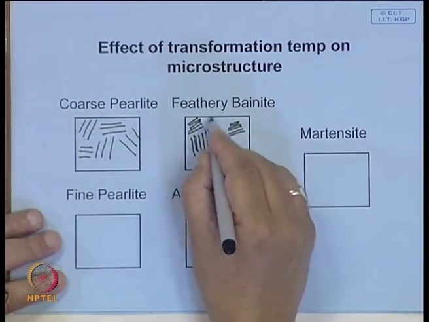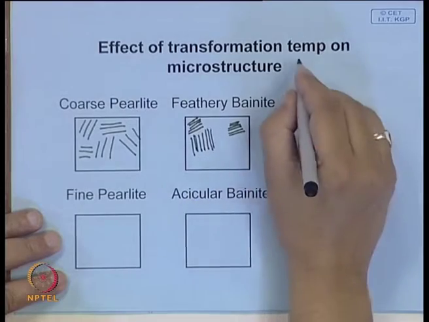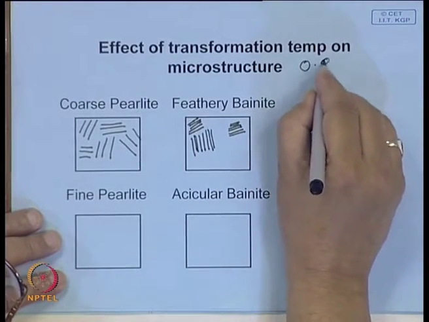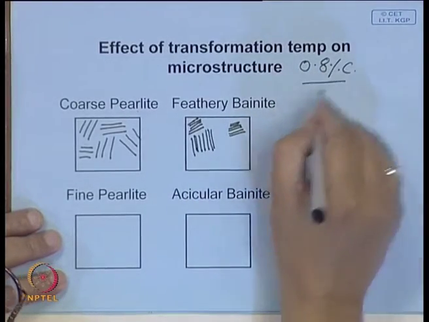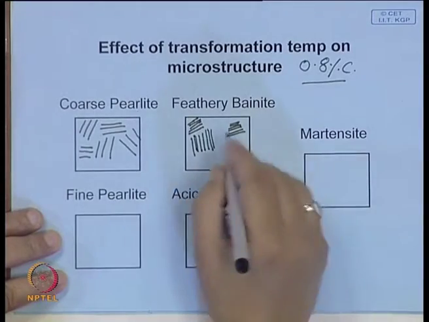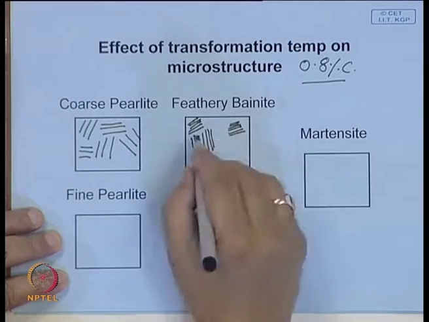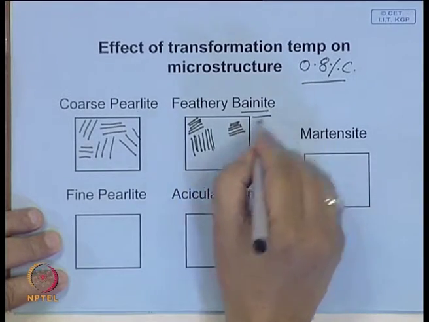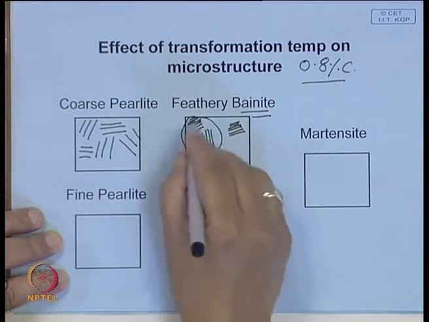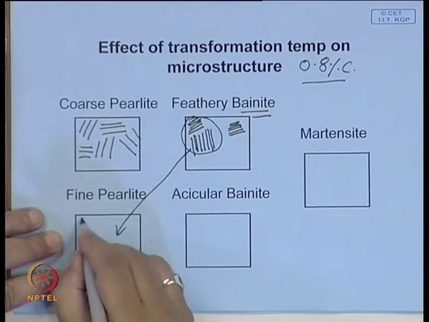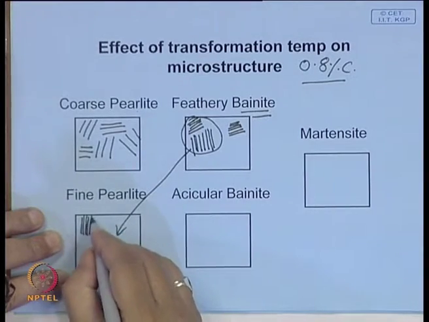An entire portion will be filled up if it is 0.8% carbon steel. It will be 100%. Sorry, this is the fine perlite. We will come to this bainite a little later. So, this is where you will have very fine perlite here.